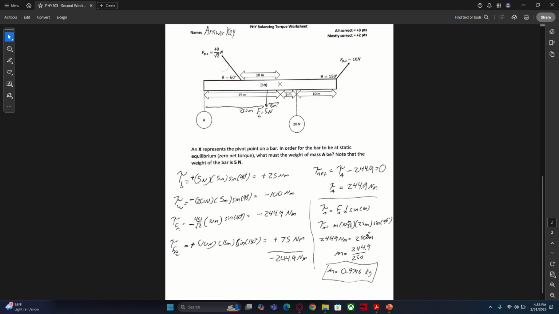Now, the force of object A can be broken down into a mass times 10, 10 being the acceleration due to gravity.